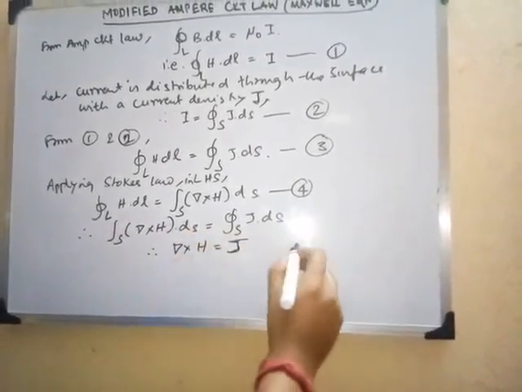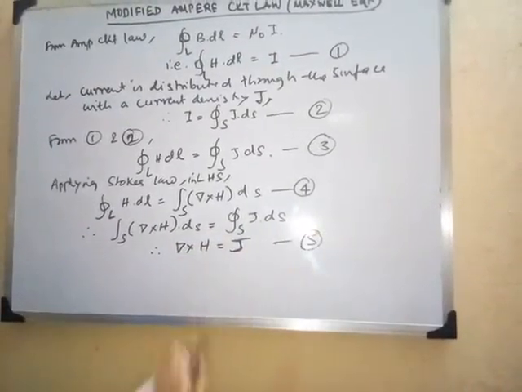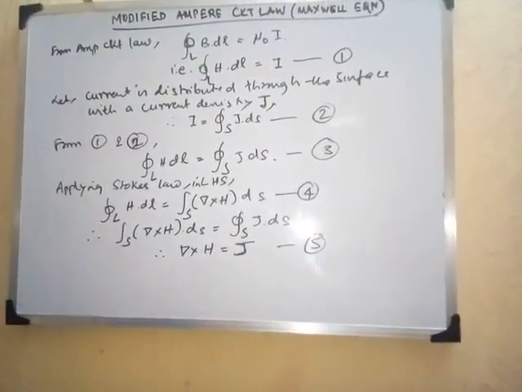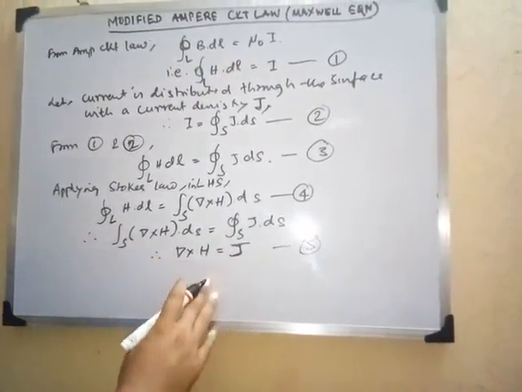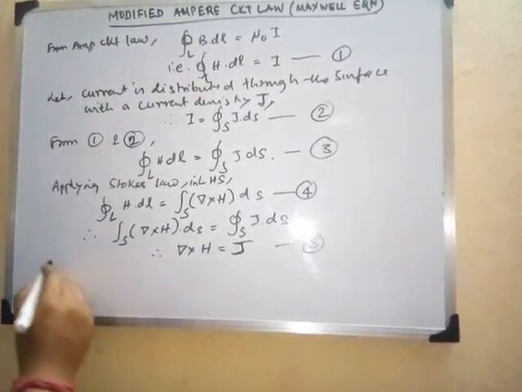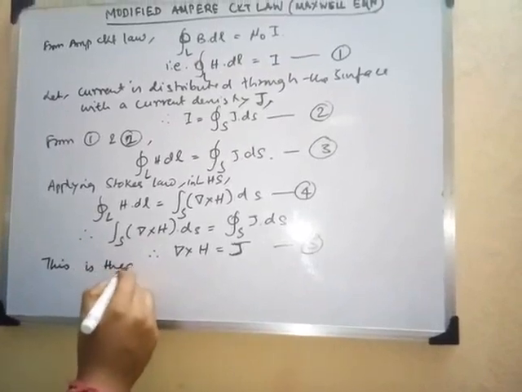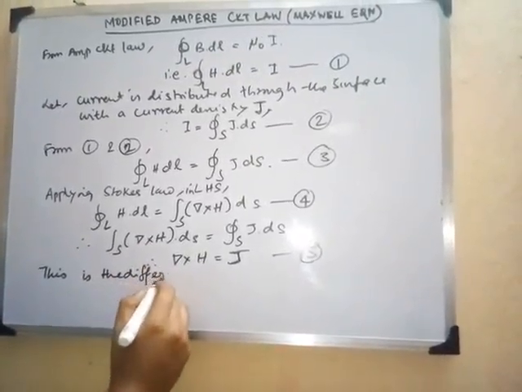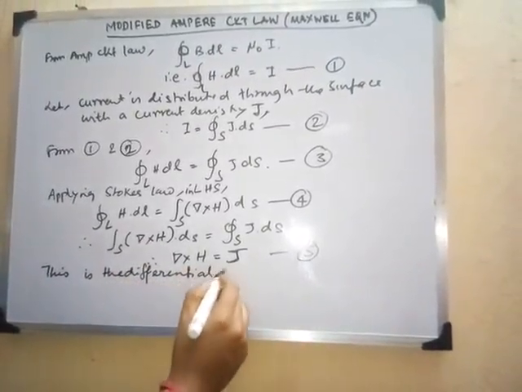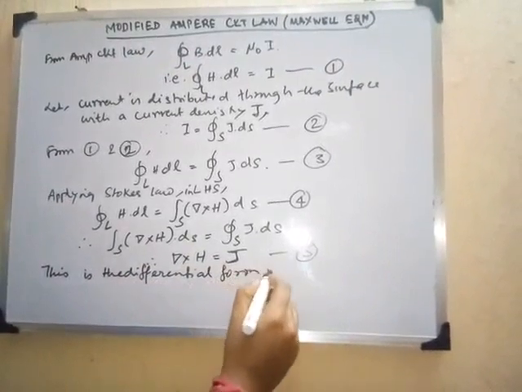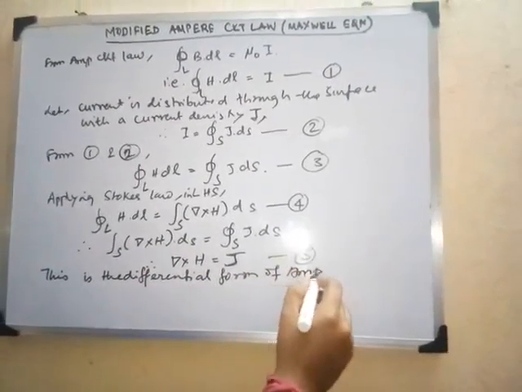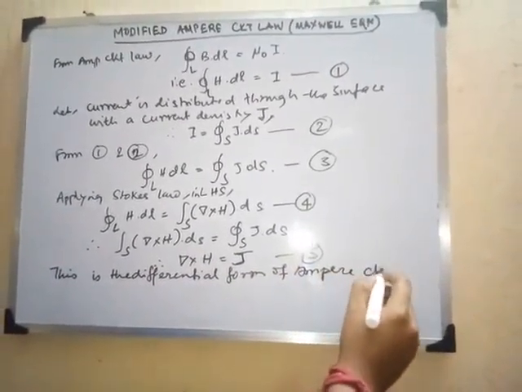That was the relation we previously obtained. Up to this we have discussed in our previous class also. Now as we know, this is the differential form, so this is the differential form of Ampere circuit law.